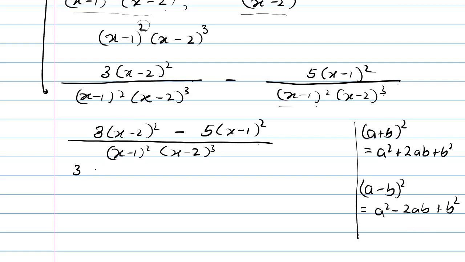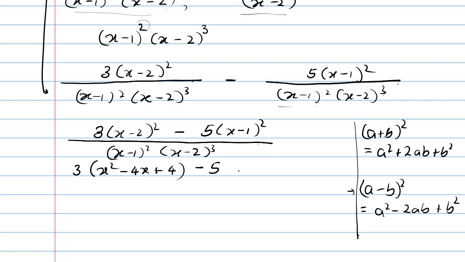So we have x minus 2 squared. x is like a and 2 is like b in this situation, right? So this is going to be x squared minus 2ab, which means minus 4x, plus b squared, which is 2 squared, which is 4.